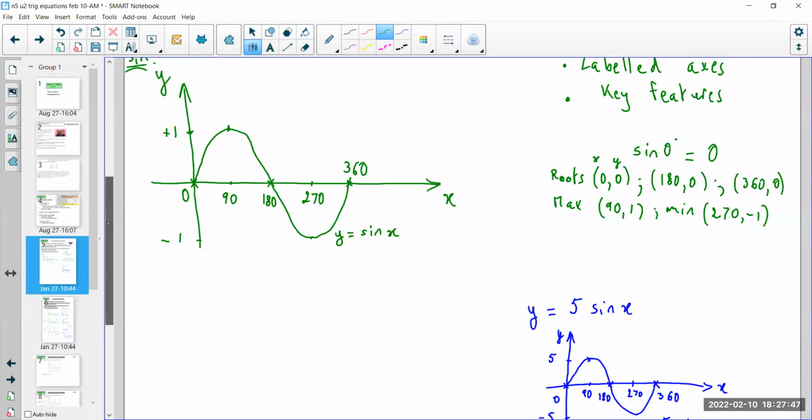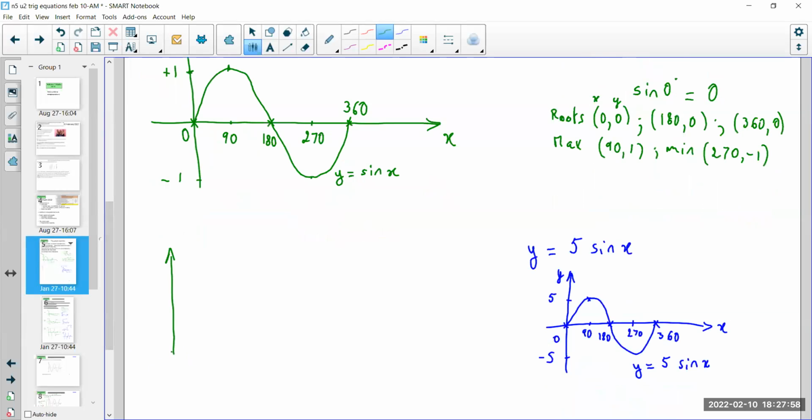So what I've found with cosine is, first of all, cosine stands for the complement of sine. What do I mean by the complement of sine?